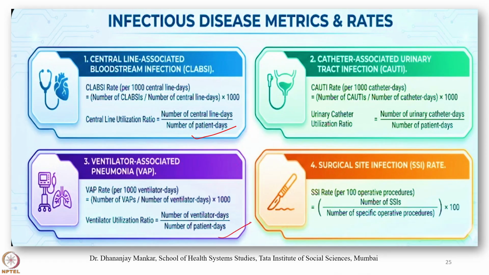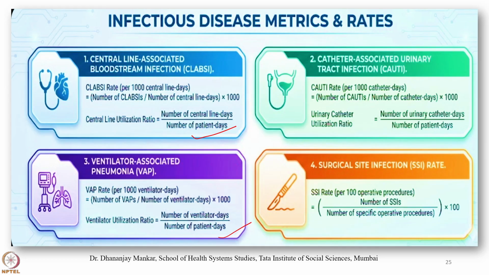Then comes the surgical site infection, that is the SSI rate. The SSI rate is per 100 operative procedures, so the formula is the number of SSIs divided by the number of specific operative procedures, multiplied by 100.